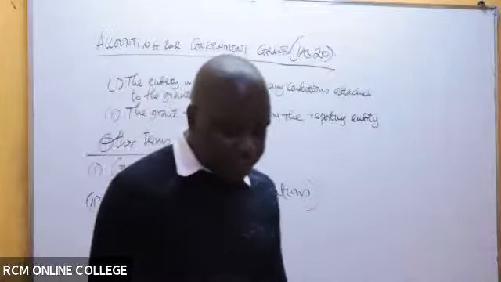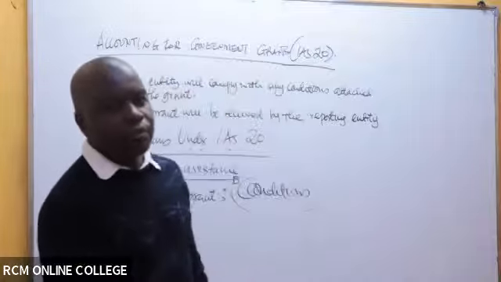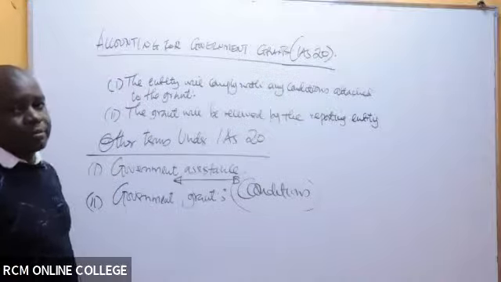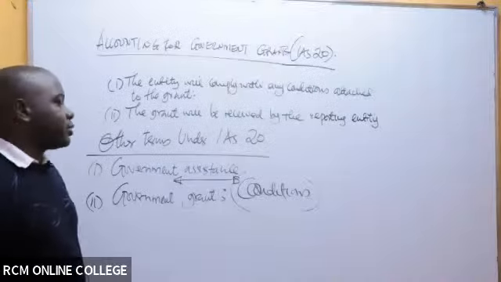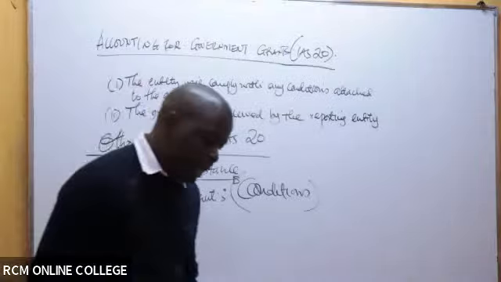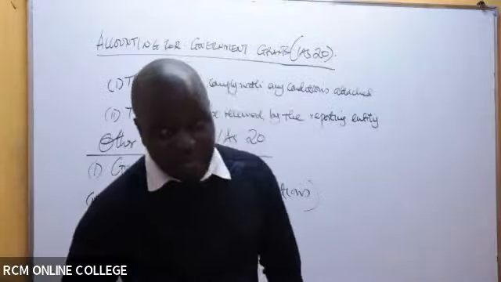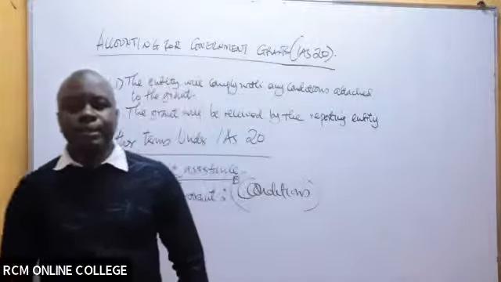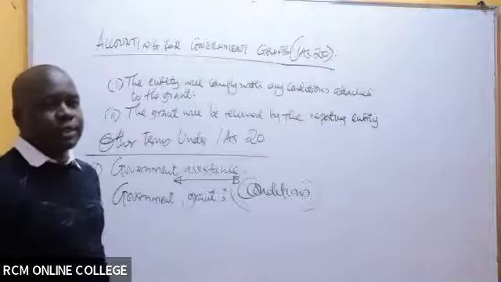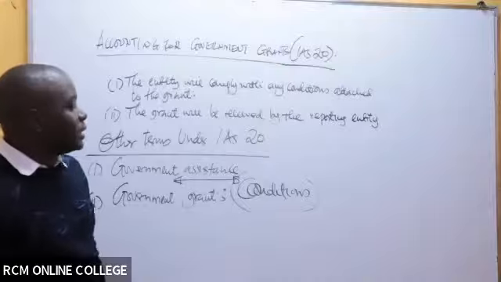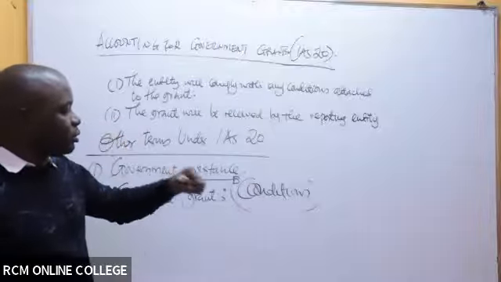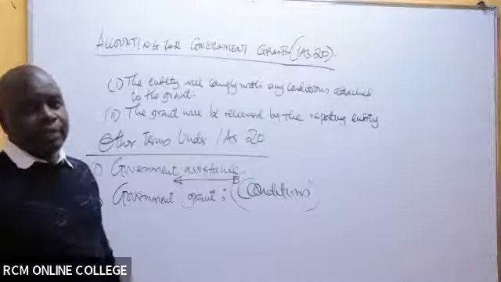If it's an entity that is very dependent on government grants, it means that if they don't fulfill the conditions, the next year, 2025, they won't get the government grants because they were given that grant to fulfill conditions. If the government realizes that for the year 2024 they never fulfilled them, they won't be funded.